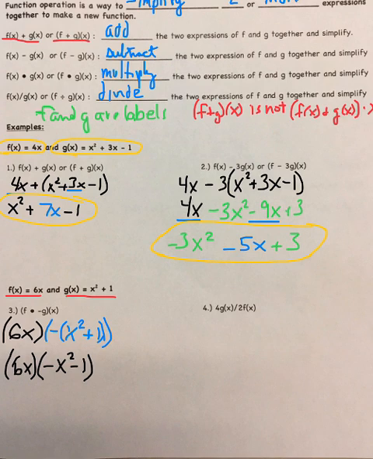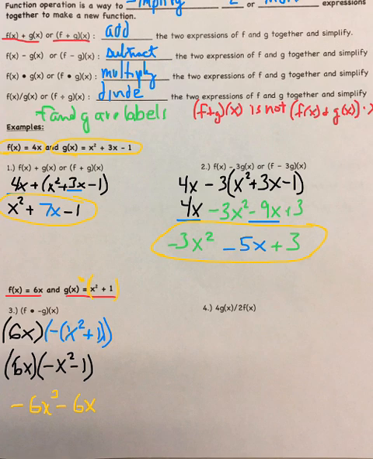So now distributing 6x times negative x squared, negative 6x cubed minus 6x is our final answer. So that negative sign looks different, but it just makes that whole thing negative. And so we made those changes.